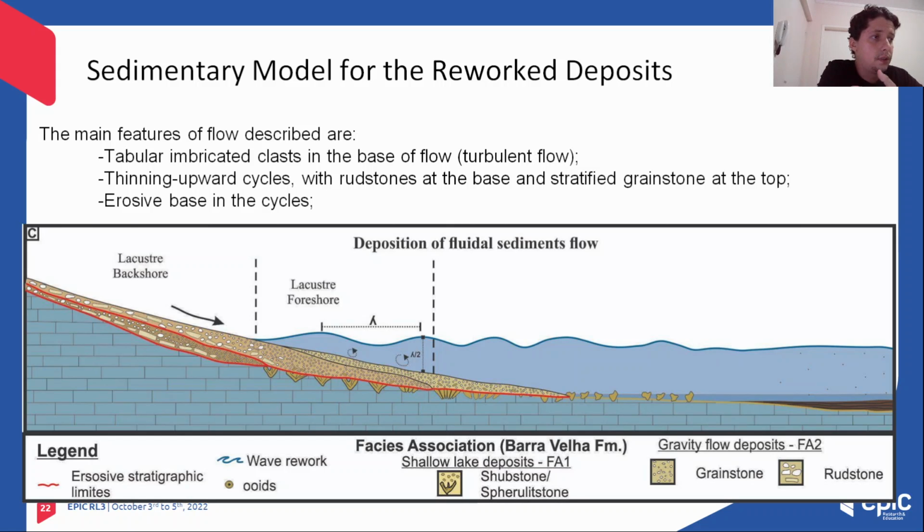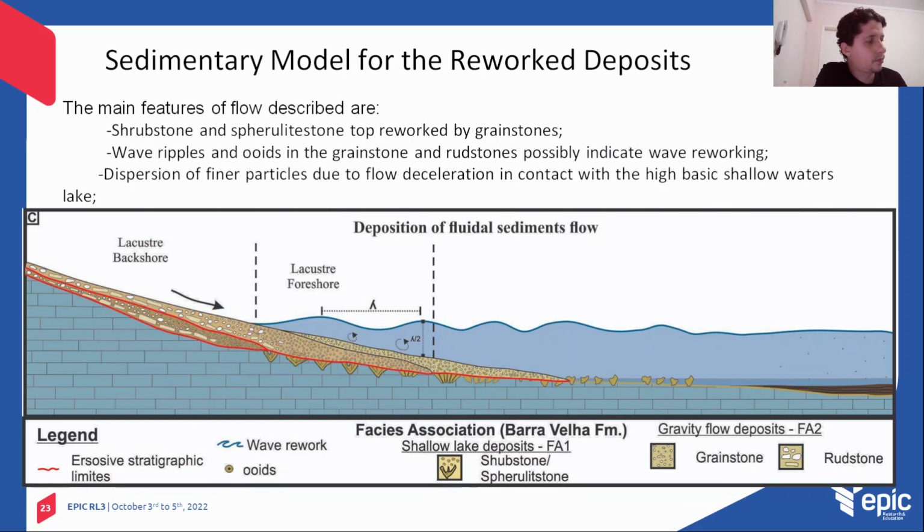The main features of the flow described are tabular imbricate clasts in the base of the flow representing turbulent flows, thinning upward cycles with rudstone at the base and stratified grainstone at the top, erosive bases in the cycles, shrubstone and spherulitestone tops reworked by the grainstone, wave ripples and wood in the grainstone and rudstone, possibly indicating wave reworking, and in the end, dispersion of the fine particles due to flow deceleration in contact with the shallow water lake.